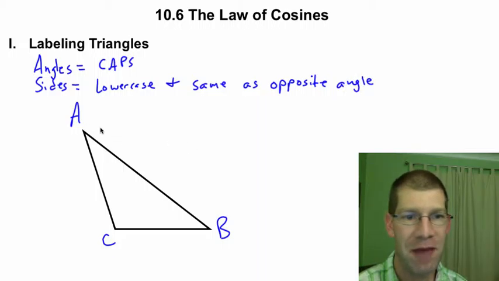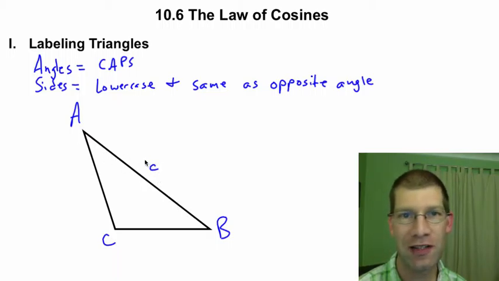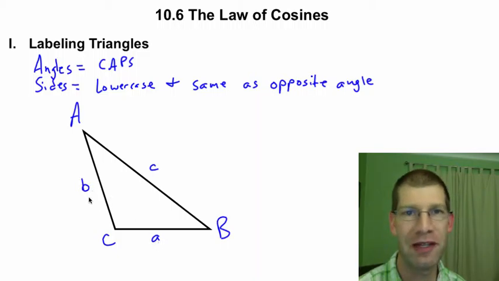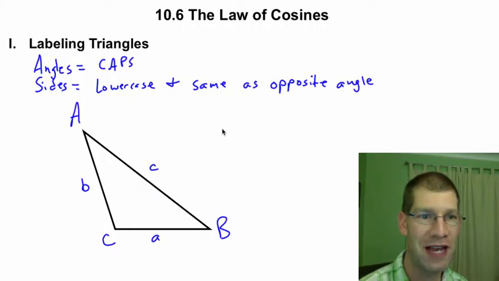It didn't matter where we started with our capital A, B, and C, assuming you're doing angles first, but now this side here must be lowercase c. Lowercase because it's a side, c because it's opposite angle C. Down here on the bottom is going to be lowercase a, and over on the left for mine, lowercase b. Had we started in a different spot with our capitals or gone in a different direction, that's going to impact directly what the different sides are.